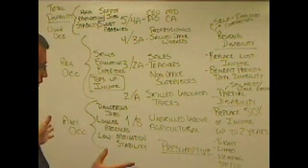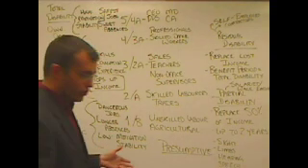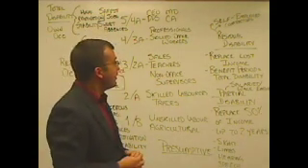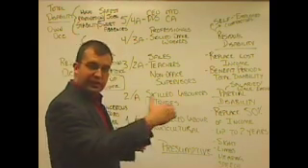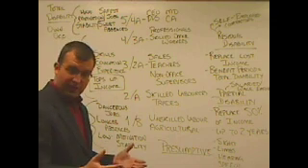Now, this gives a short overview of the different types of disability insurance. We're going to, in the next phase, move on and have a look at the different types of disability contracts.